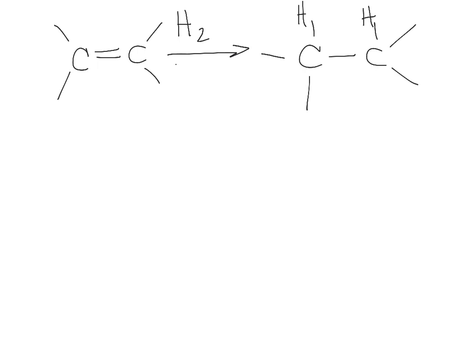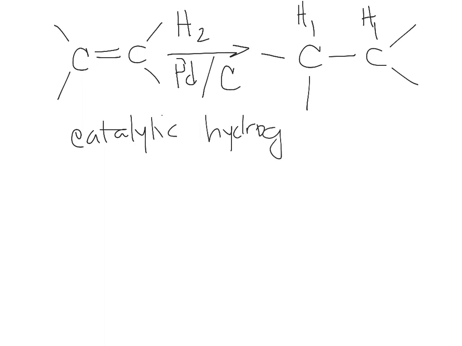This only works if you have some sort of metal catalyst. Often palladium on carbon is used. This is called a catalytic hydrogenation. It's always going to be a syn addition, so it's going to add to the same side because of the way the mechanism works. Let me show you a picture.